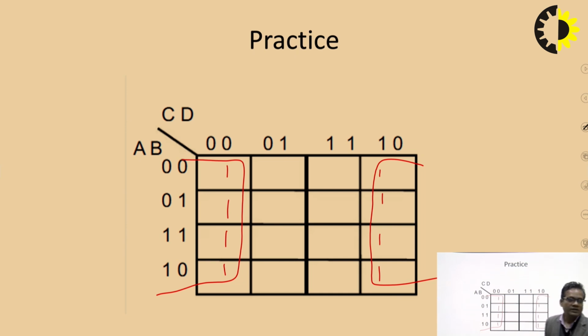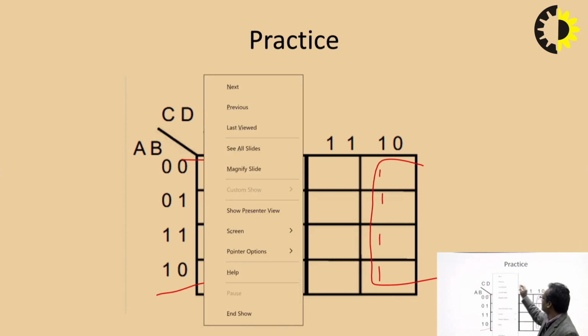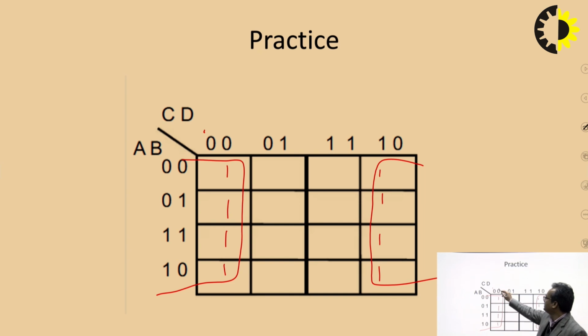So we will use a combination of 8 bits, and this can be represented by checking no change. All the bits A and B are changing, so AB will not be there. So what will be there? We will see D is not changing, so the answer is D bar. The value of the given function will be D bar.